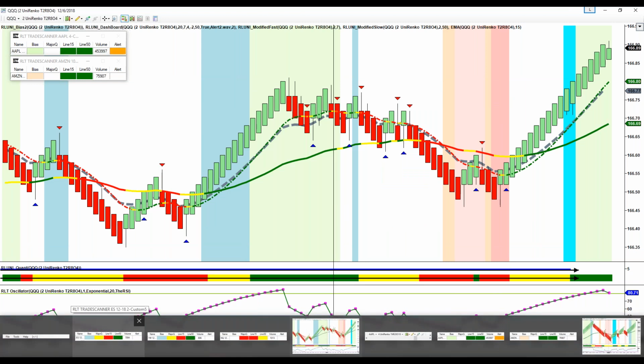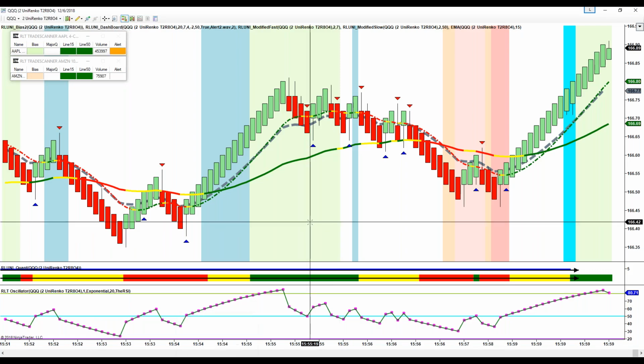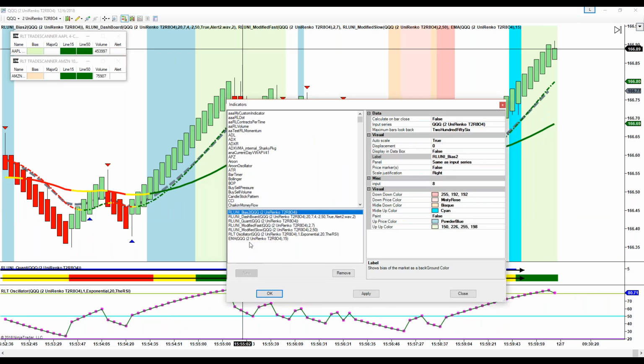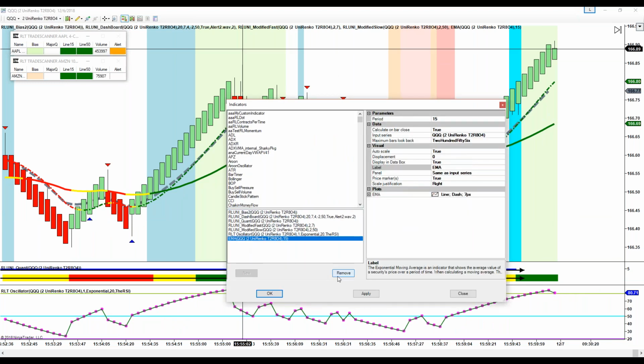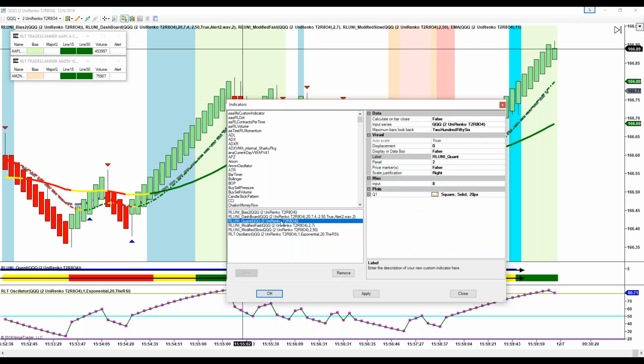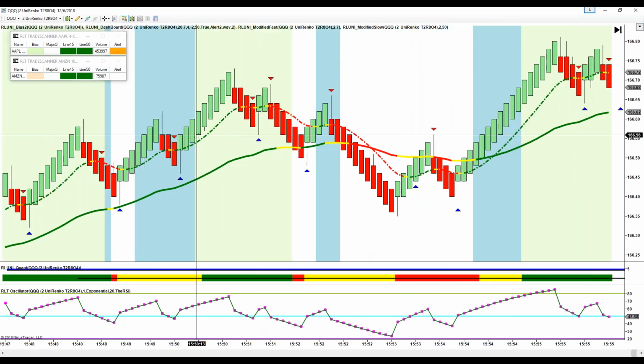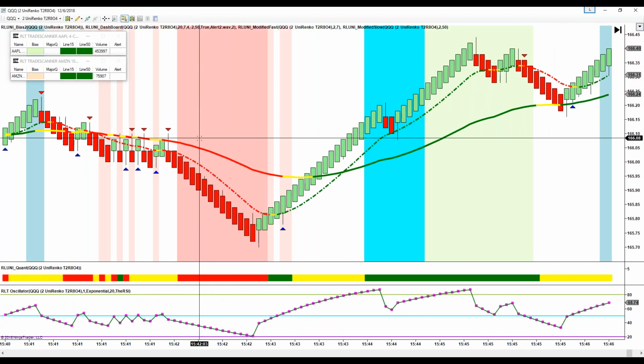There's Apple, there's Amazon. Where the heck is my other scanner? Apple, Amazon. All right, well, for some reason, I cannot see it. Let me just take out this EMA. Now, I don't know where it is. It's buried somewhere. But here are the Qs.